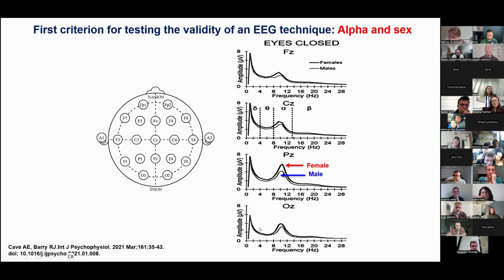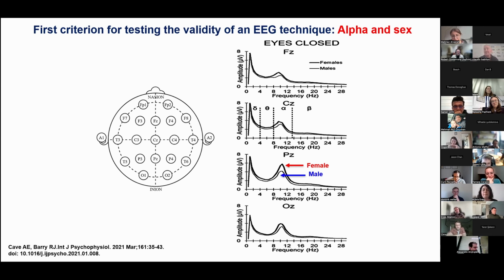One is the relationship between the alpha power density at the sensor and source level and the sex. We know from the literature that healthy females show higher power density in alpha frequencies in the posterior scalp regions or cortical sources. And so you see here a milestone result from the group of Robert Barry showing this difference at the group level, but this was replicated by other groups.